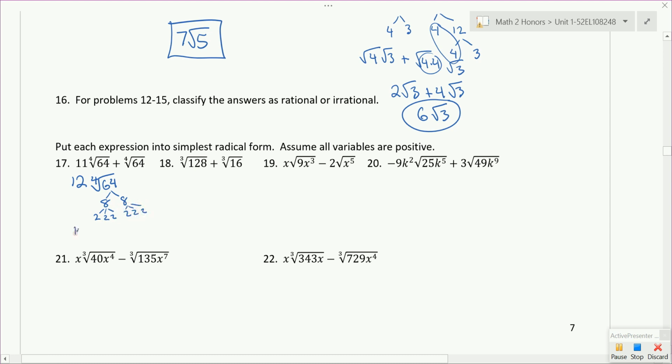So 12 times the 4th root of 6 2's. You could take the 4th root of the product of 4 of them and get 12 times 2 times the 4th root of 2 times 2, so that's 24 4th root of 4.